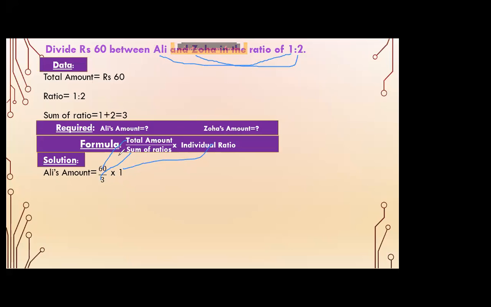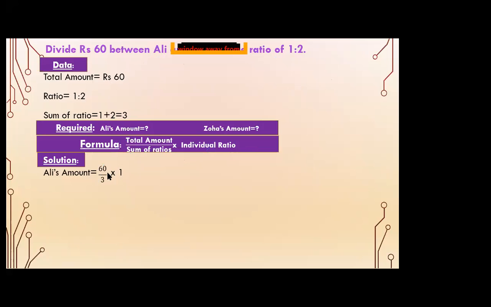So we get total amount 60 upon 3 into 1. Why 1? Because the first ratio is 1 and Ali's name is written first, so the first ratio is for Ali.